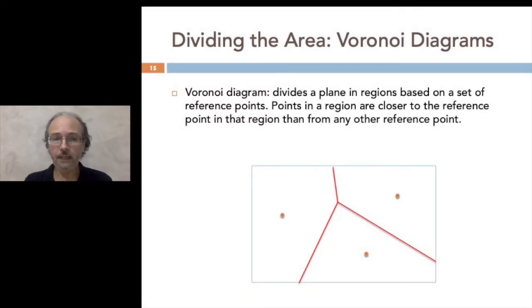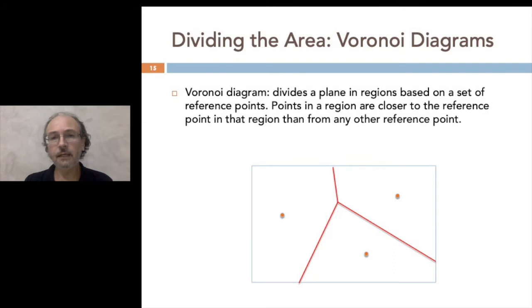We divide the area, that is, we address the first problem by using Voronoi diagrams. A Voronoi diagram has as input a set of reference points, and these points are represented by these dots in these slides.